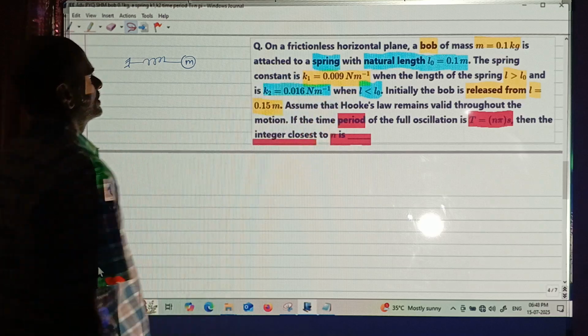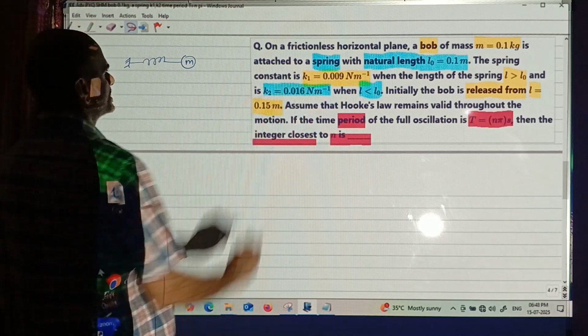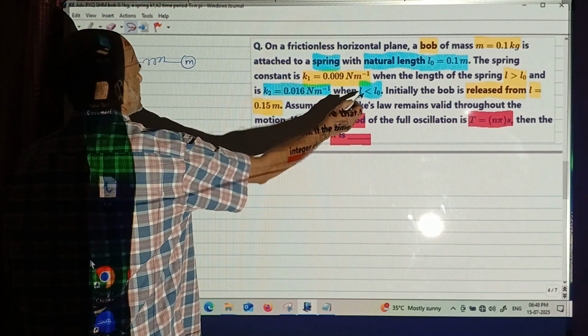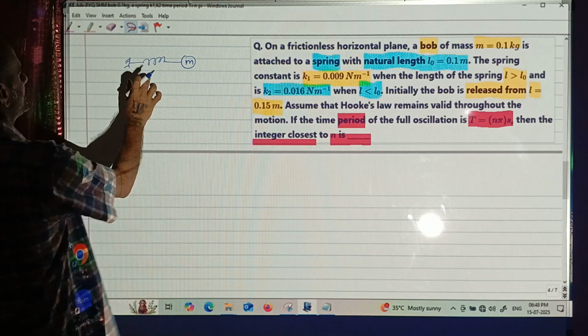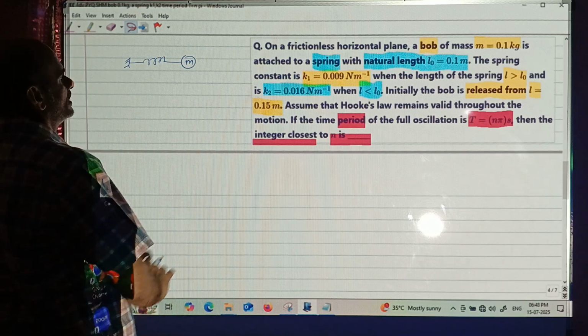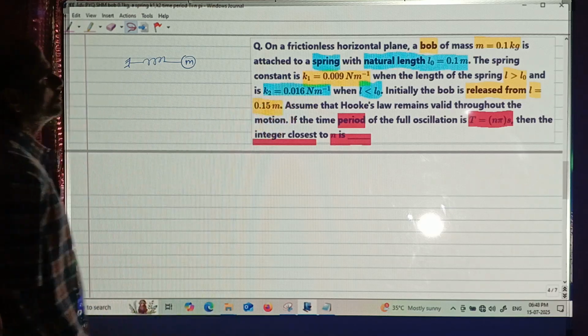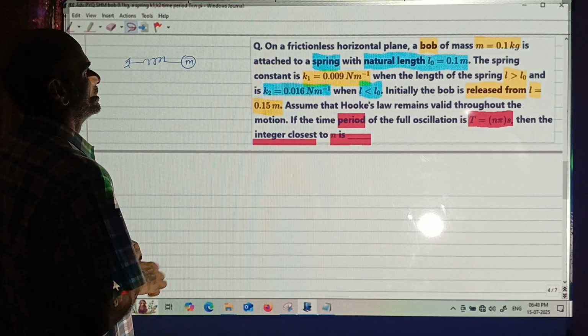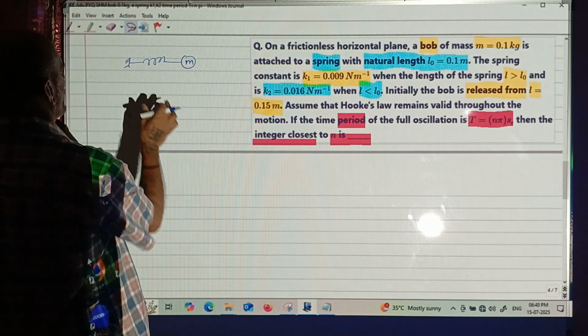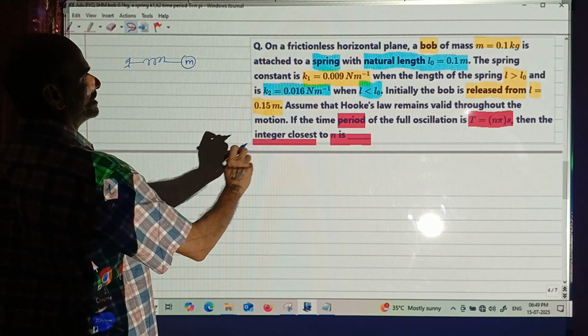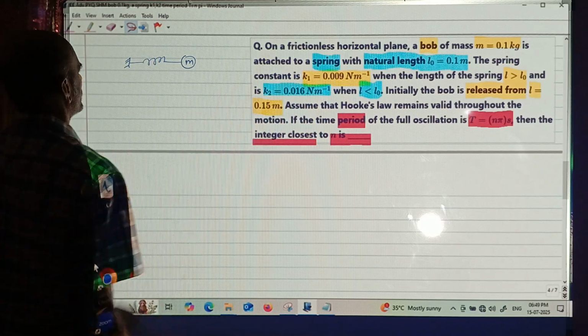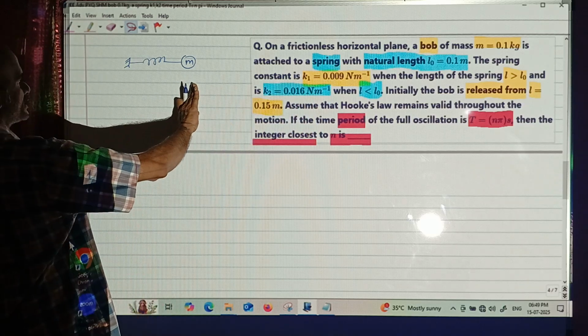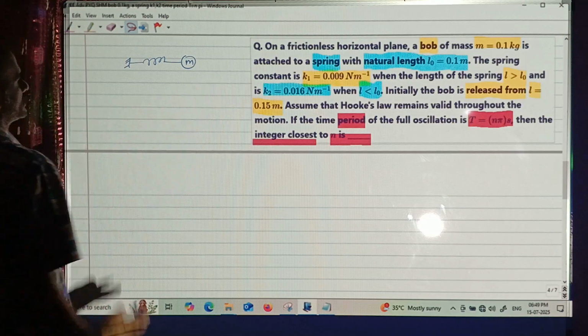When L is greater than L0, that means stretched, and the spring constant is K1. When L is less than L0, the spring constant is K2. L0 is the natural length, the initial position. The initial length L0 is 0.1 meter, and initially the bob is at rest at 0.15 meter. So the bob is stretched towards the right, and then it's released.